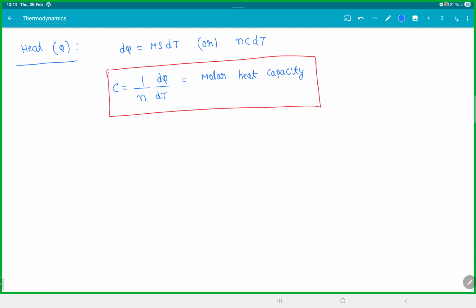Now, that is about your heat. Next thing is your internal energy. Where did you learn this? We just learned about this in KTG. So internal energy is nothing but kinetic energy plus potential energy of the gas. But we know the potential energy is zero, since molecules do not interact in an ideal gas.